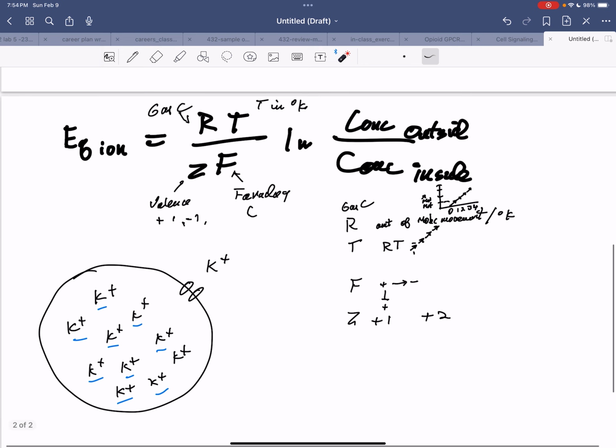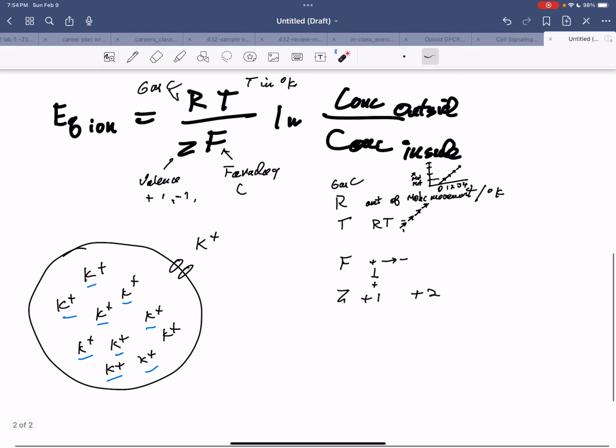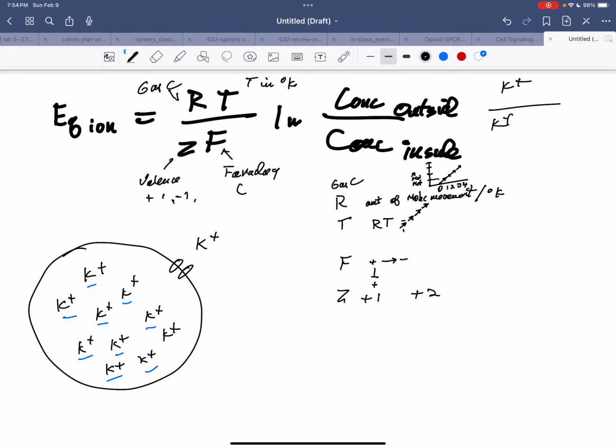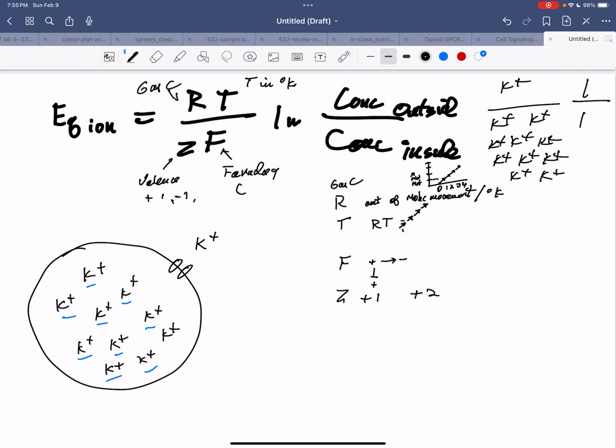But of course, we've also got this other term, concentration outside versus inside, and we can simply represent that by K plus over K plus, K plus, K plus, until we get to 10. But of course, the K pluses drop out. What we're going to wind up with is 1/10.